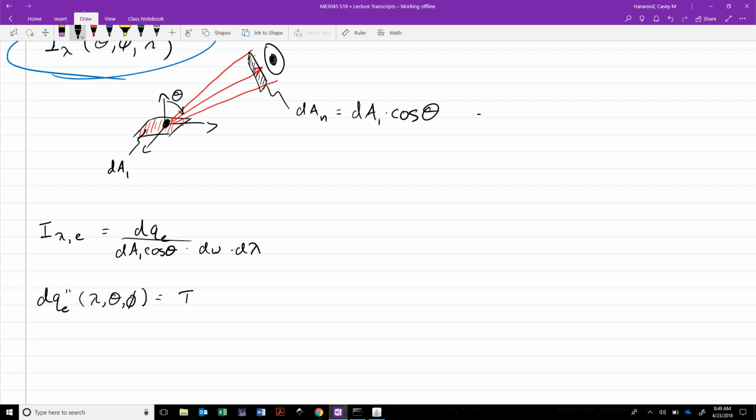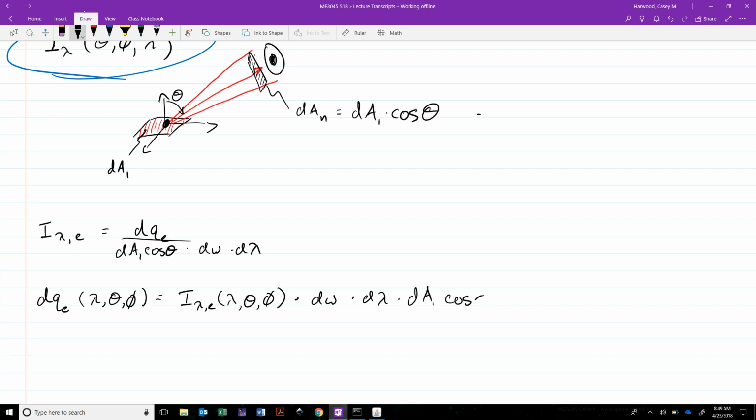It'd be the spectral radiation intensity, which is a function of wavelength and direction, times the solid angle through which it's projected, times cosine theta.